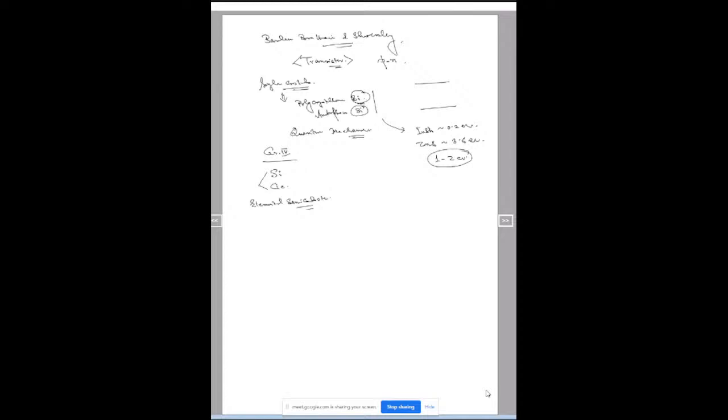Both of them belong to group 4. Silicon has an atomic number of 14: 1s2, 2s2, 2p6, 3s2, 3p2.